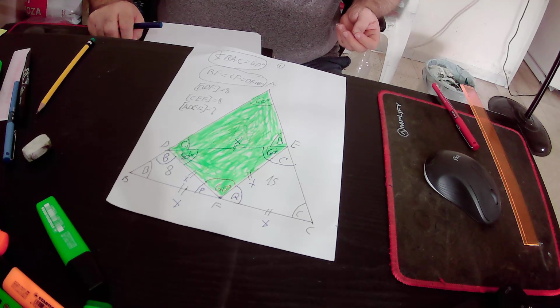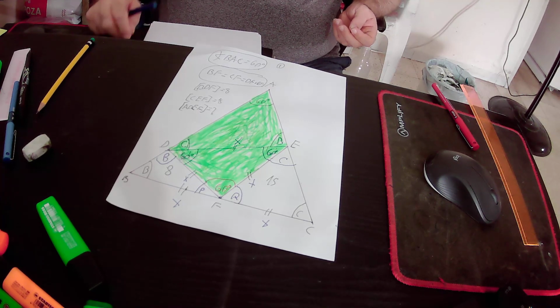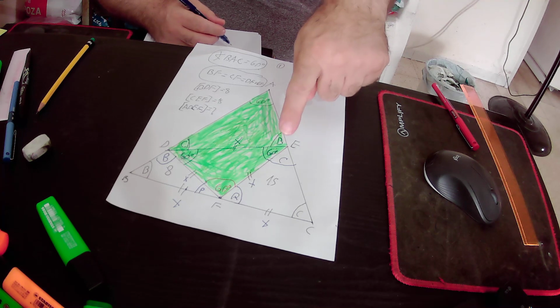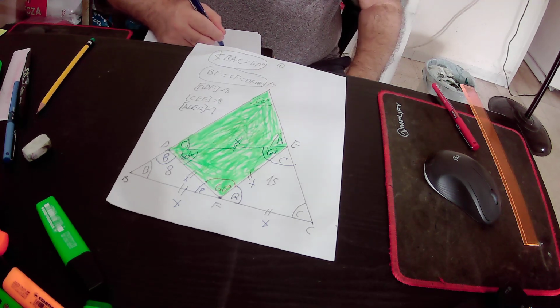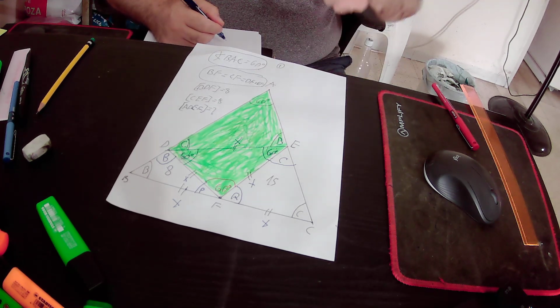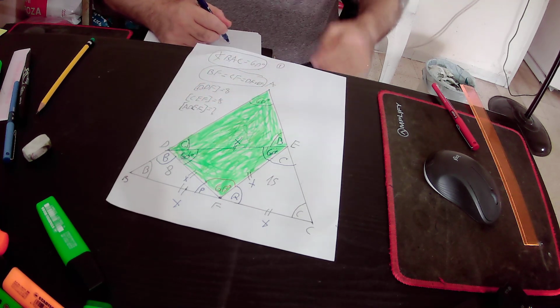Okay, so the area of triangle EFC is 15. We divided it by the area of triangle DBF, that is 8.